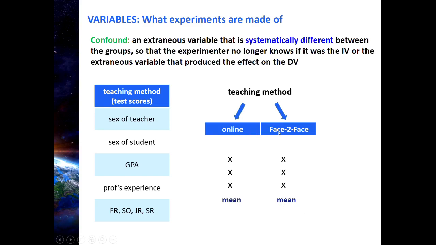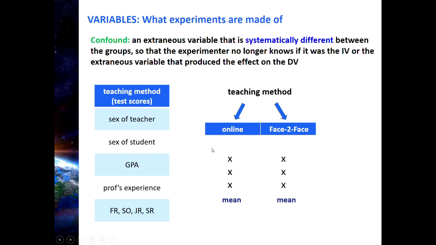Now, the only way in which these 2 groups should be different from each other is with respect to which group they were in. So these people should only be different from these people, ideally, with respect to which group they happen to be placed into.